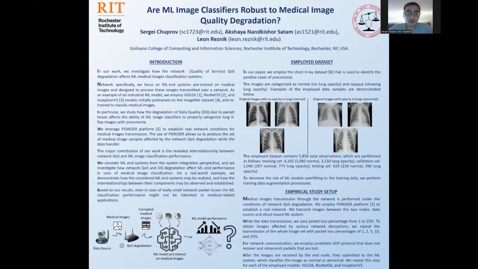The major idea of our work is to investigate how robust open source and well-known machine learning models are to image quality degradation. As you know, machine learning systems are being integrated today into many different areas of our human life, and the medical area is one of them.